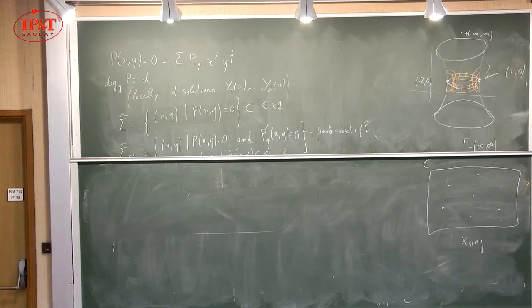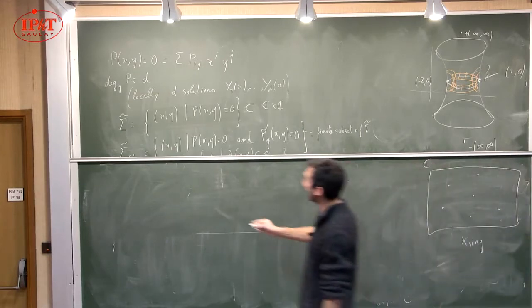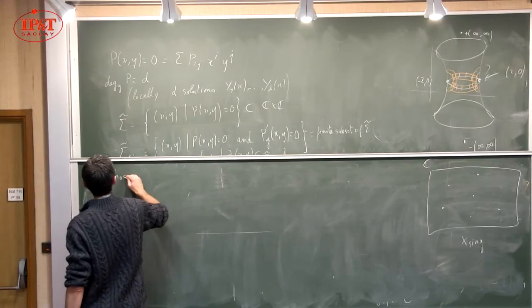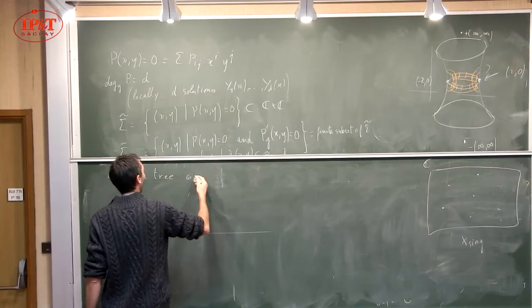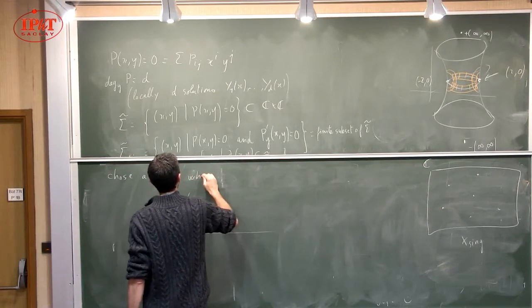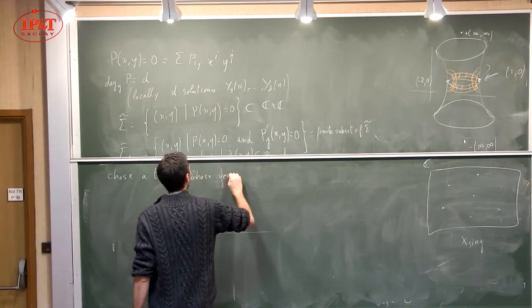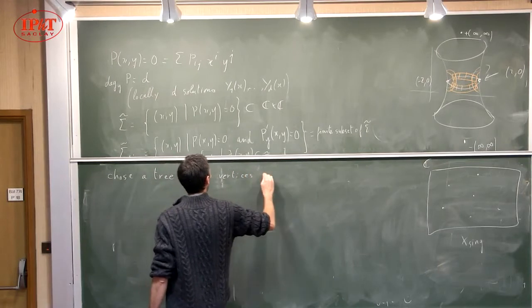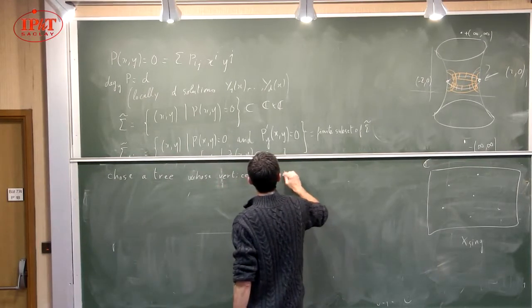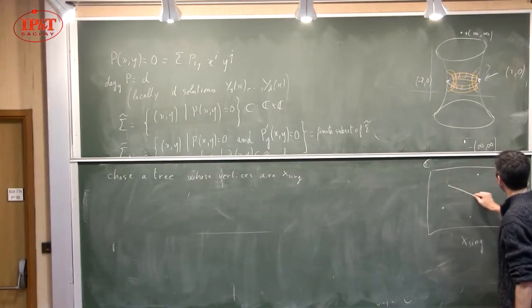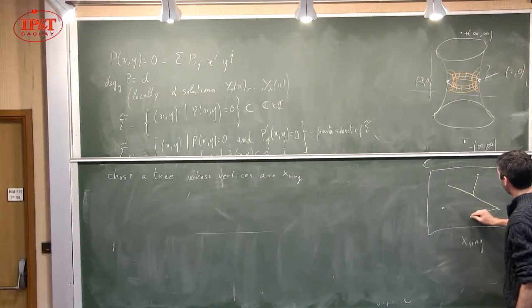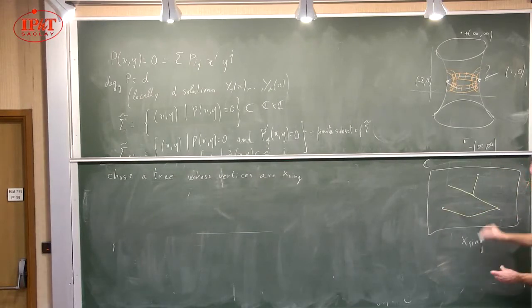Now choose a graph, a tree in fact, whose vertices are x thing. So let's choose something like that. Anything that cuts the plane.